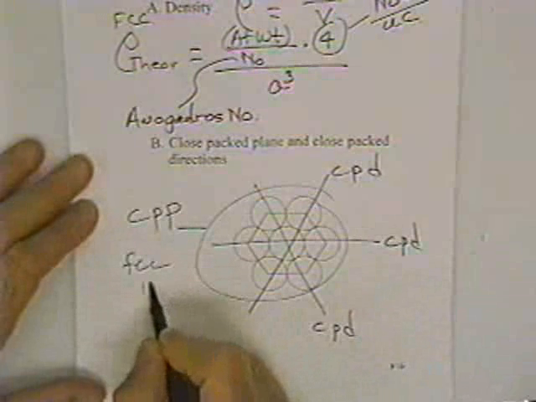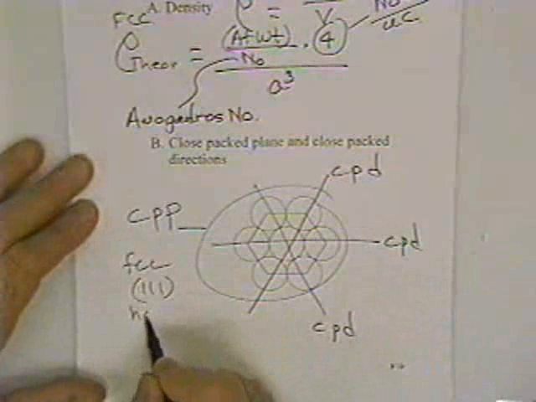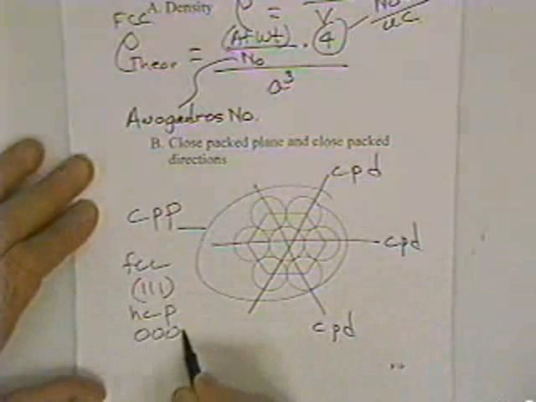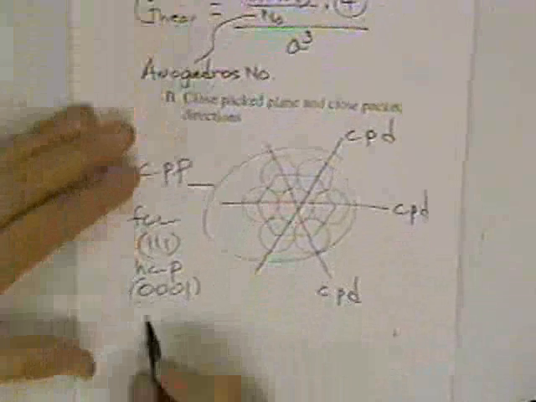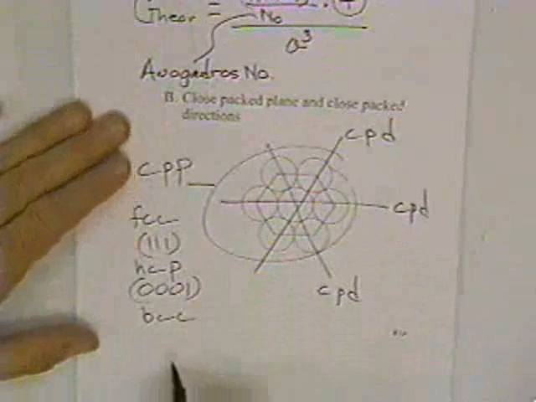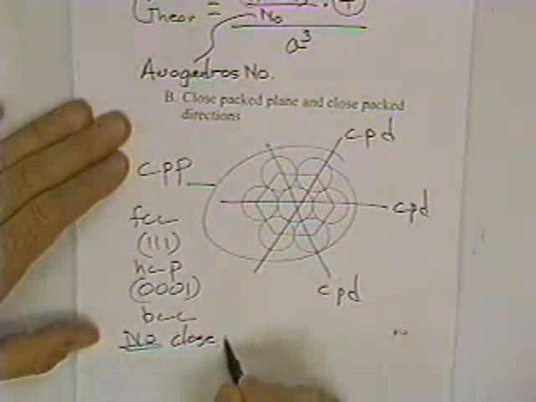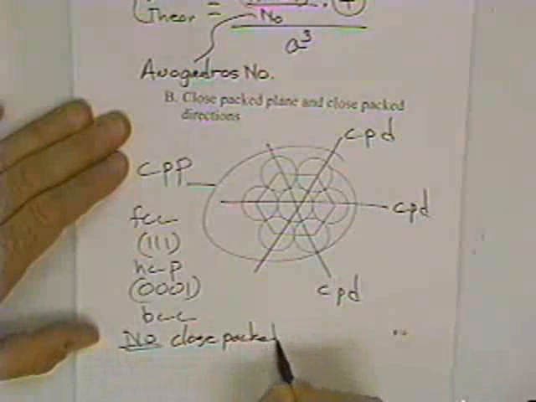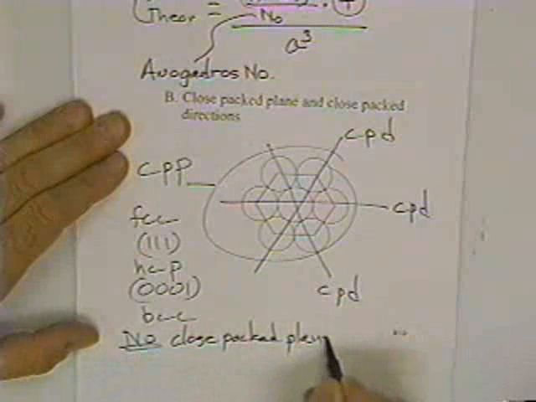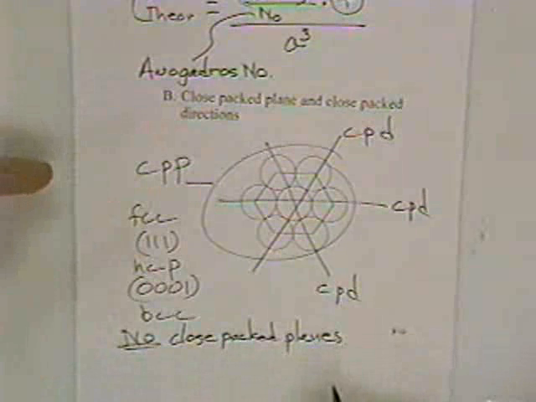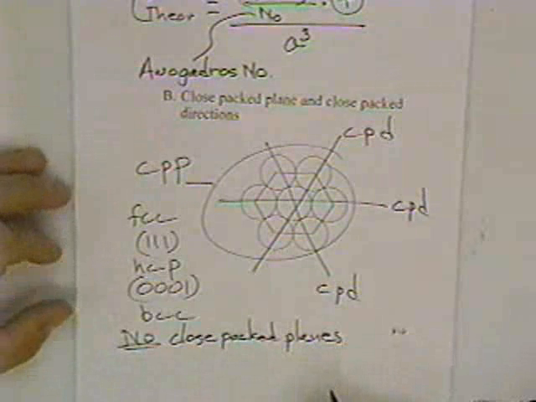In face-centered cubic, it's the 1-1-1 plane. In hexagonal close packing, it's a 0-0-1 plane. And in the body-centered cubic, there are no close packed planes. There are some almost close packed planes, but there are no close packed planes.